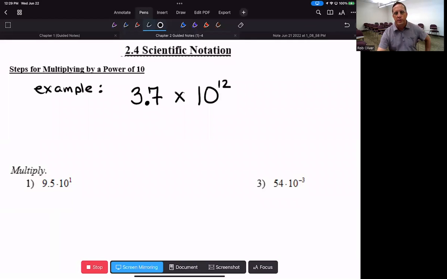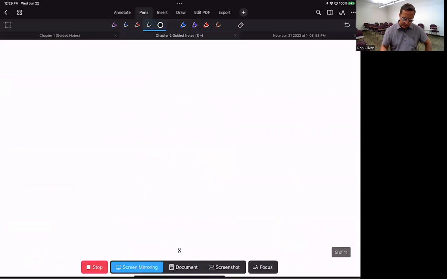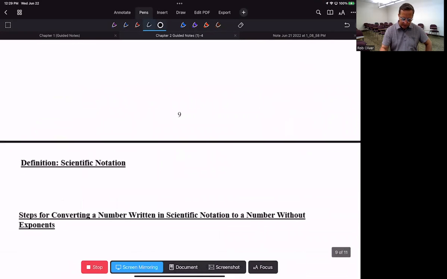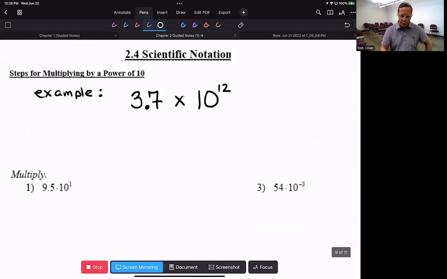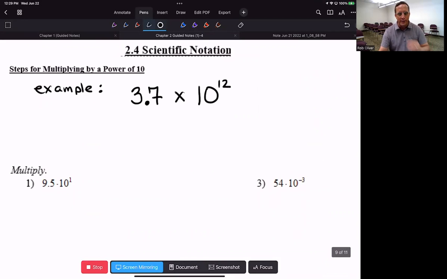Okay, let's go ahead and start lesson 2.4, which covers scientific notation in all of its glory. So the steps for multiplying by a power of 10, I just want to show you what scientific notation is first and foremost.